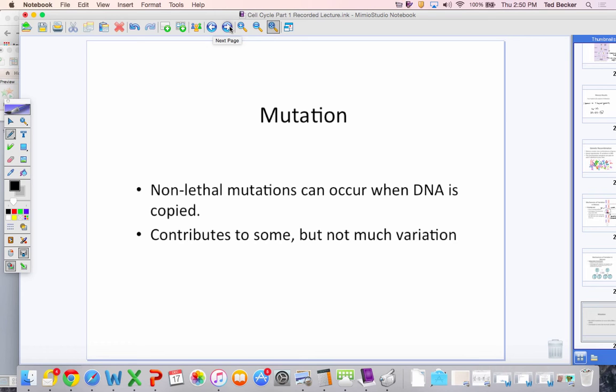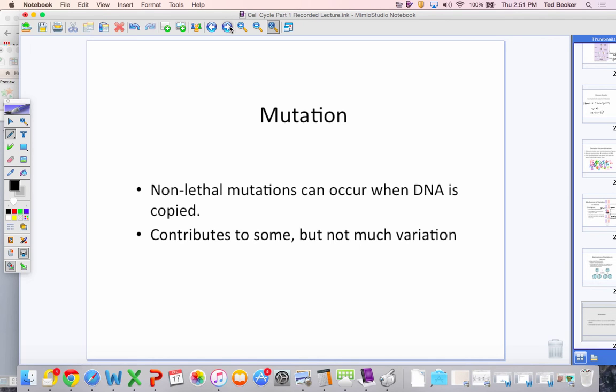Another mechanism of variation, not necessarily part of genetic recombination, is mutation. So this happens during DNA replication, where things can be deleted or switched around in the DNA. And when this is non-lethal, when the organism doesn't die because of this, it passes these mistakes onto its next generation.